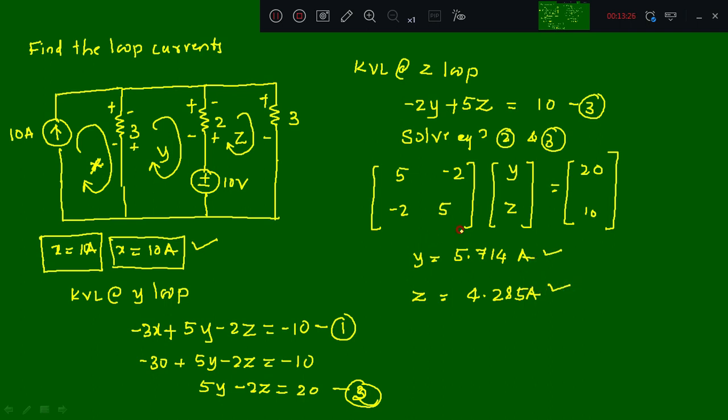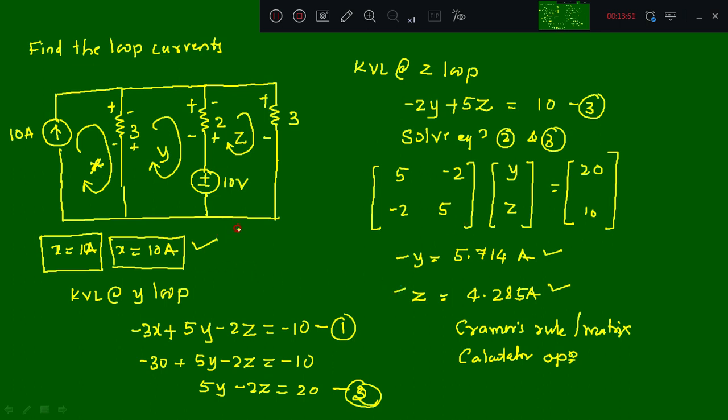You can cross verify these using either Cramer's rule or the matrix method, or else direct calculator operation. You can take a 2 by 2 matrix operation in the calculator to get the values of y and z.